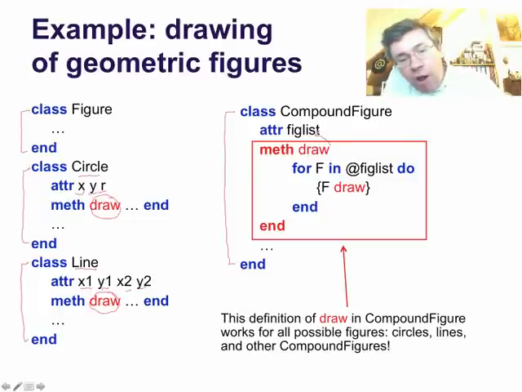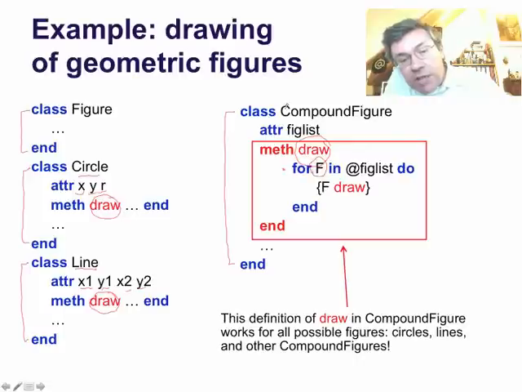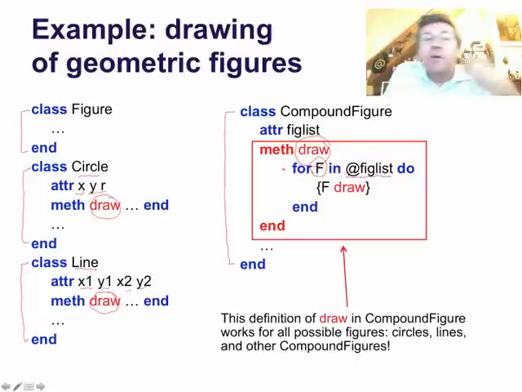And the method draw in compound figure can be defined once and for all to work with all compound figures. In fact, it's a loop. It loops for all figures in the attribute fig list, which is a list of component figures, and it invokes the draw message on each of those figures. So it draws all the figures it consists of.